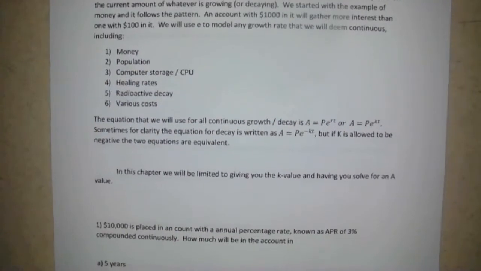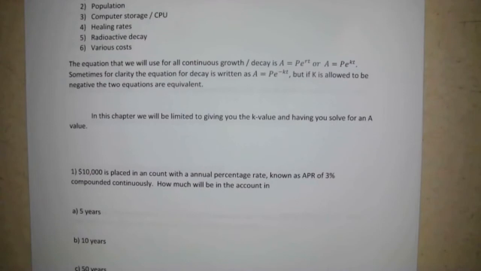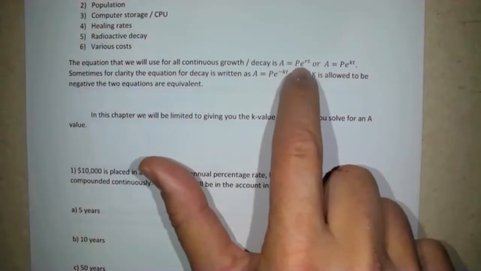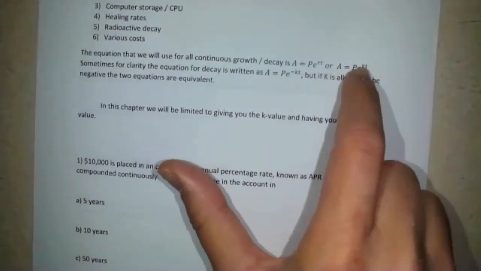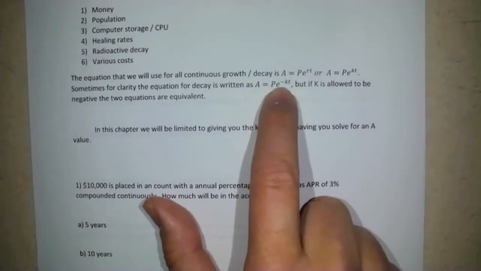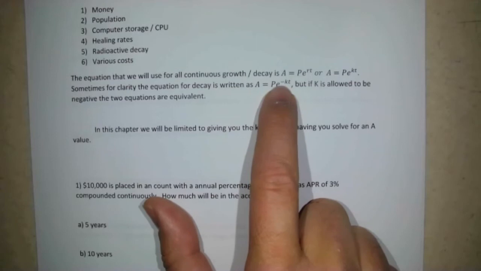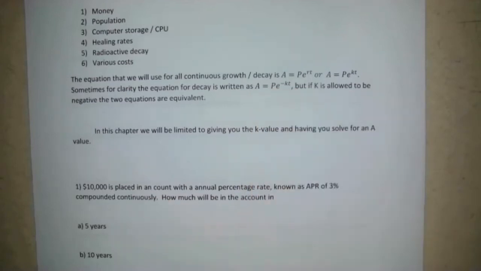Okay, so let's jump in and let's use one of these equations. These equations all look like PERT, P E to the RT, or P E to the KT if you want to use a K. Sometimes people insist on writing the equation for exponential decay as P E to the negative KT, but I just allow K to be a negative value itself, and then it's all the same equation. So PERT works, or P E to the KT.